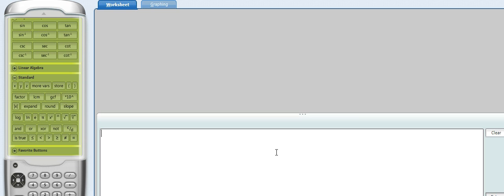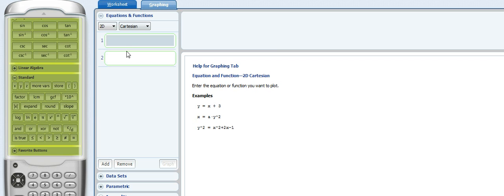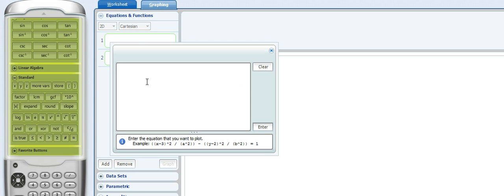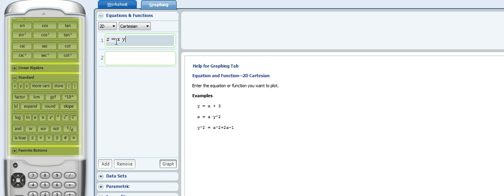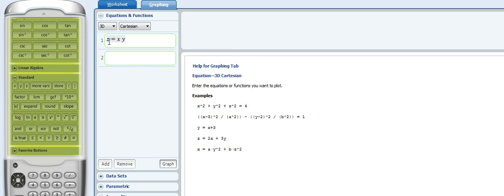This is the Microsoft Mathematics program. So let's graph z equal x times y. Enter. Okay, let me take z equal x times y, right? Let's take it in 3 dimensions.